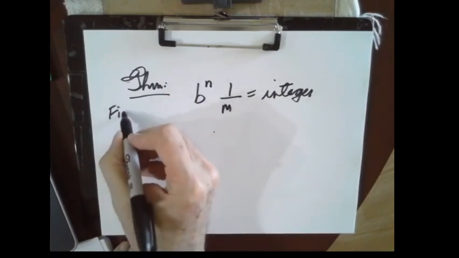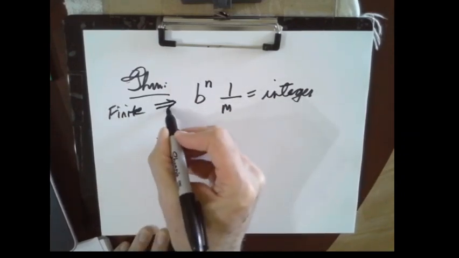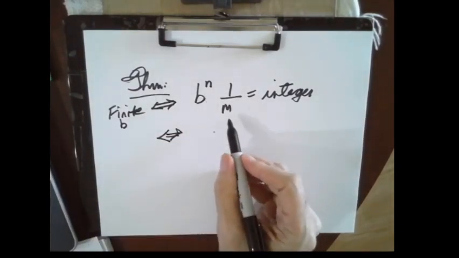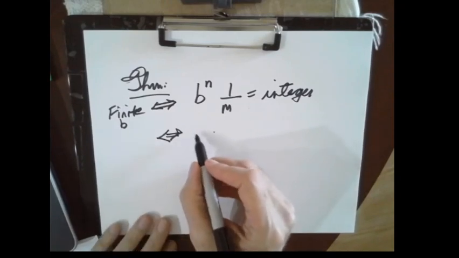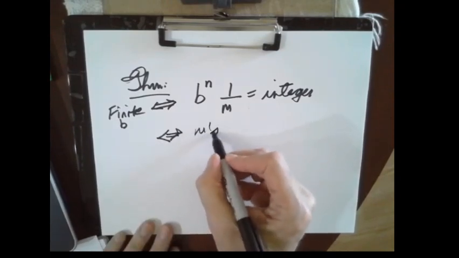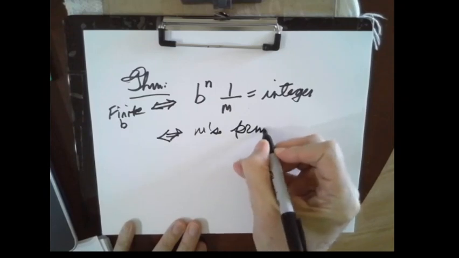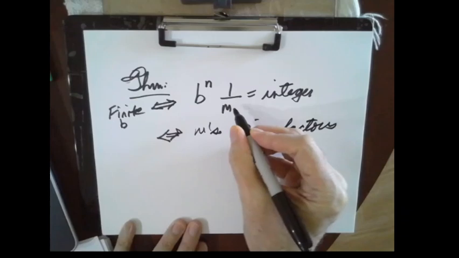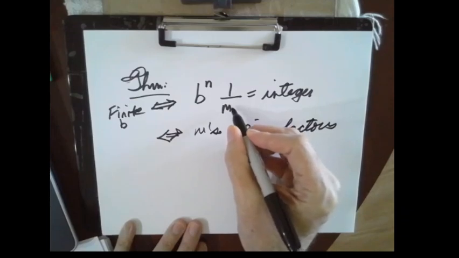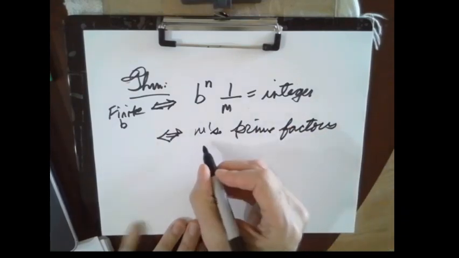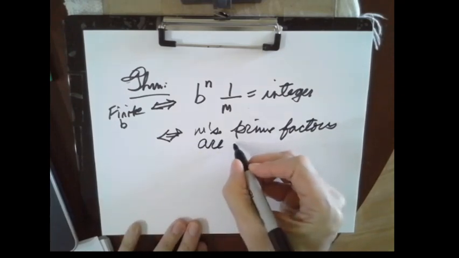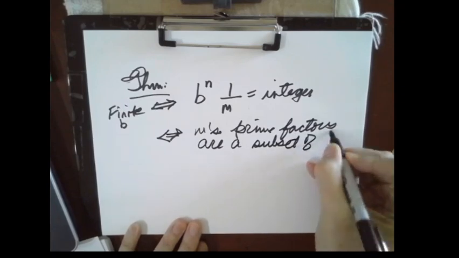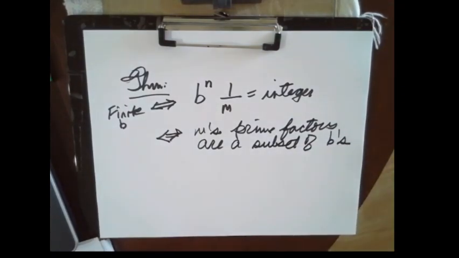Let's clean this up here. 1 over m is finite in base b if and only if b^n times 1 over m equals an integer, and that's true if and only if m's prime factors, that's the d in our fraction, are a subset of b's prime factors.